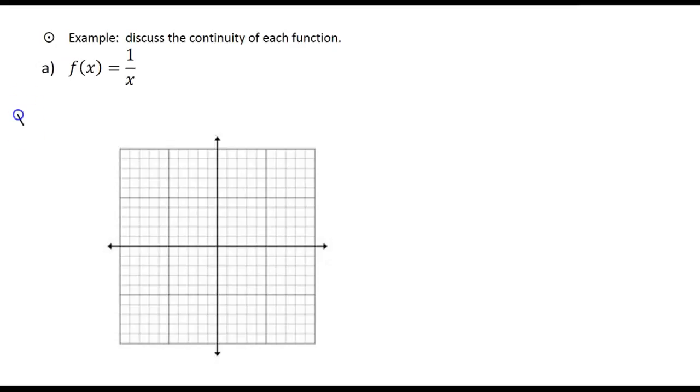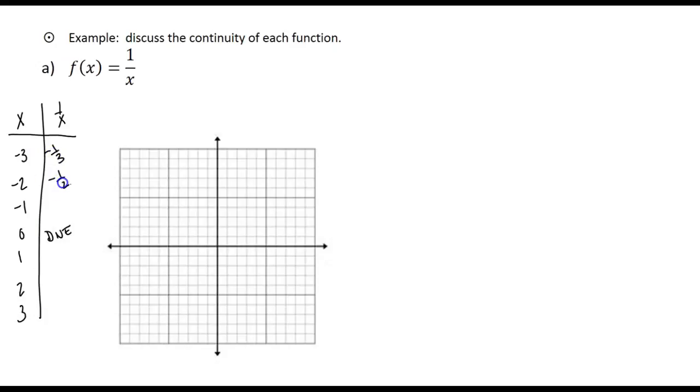I'm just going to plug in a couple of points to get a graph. This one's pretty simple to graph. Of course, we know that it doesn't exist at 0. This would be negative 1/3, negative 1/2, negative 1, 1, 1/2, and 1/3. If you keep plugging in more points, I think you'll see the pattern pretty clearly.